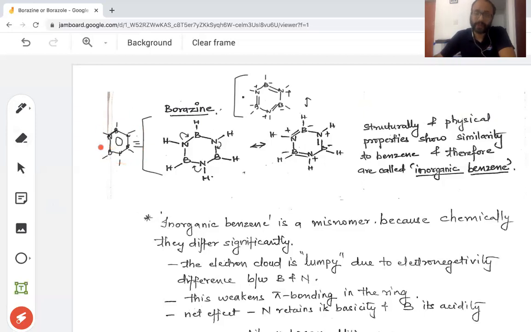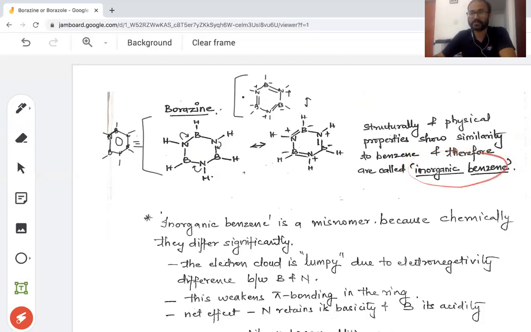So looking structurally, the Borazine looks like a benzene molecule. Because they are isoelectronic to a benzene system, structurally and resonance-hybrid-wise they have a lot of similarity to benzene, and they show some physical similarity also. Since they are made up of inorganic elements, Borazines are also termed as inorganic benzene.